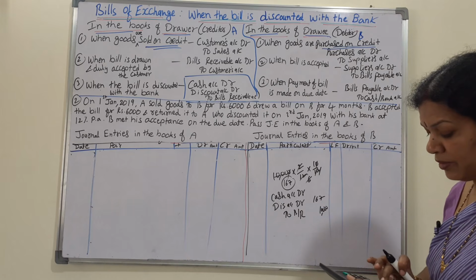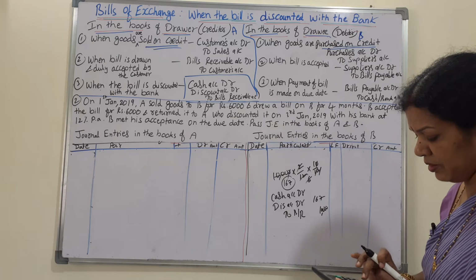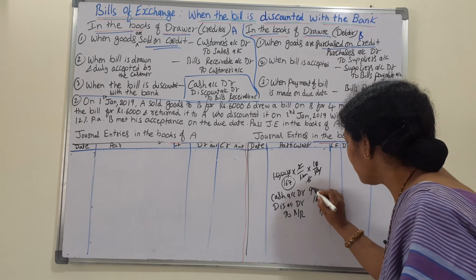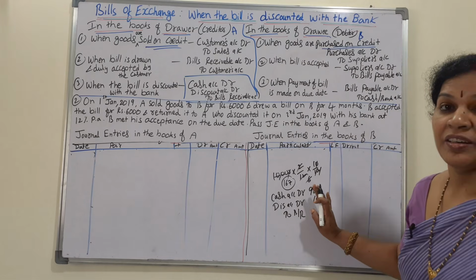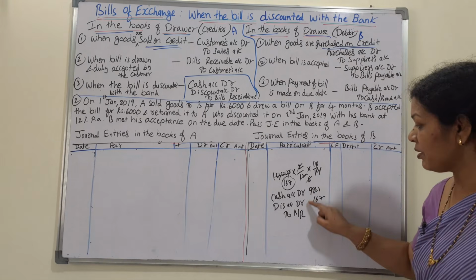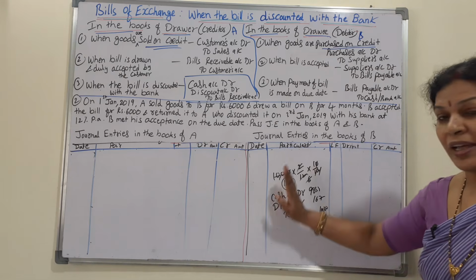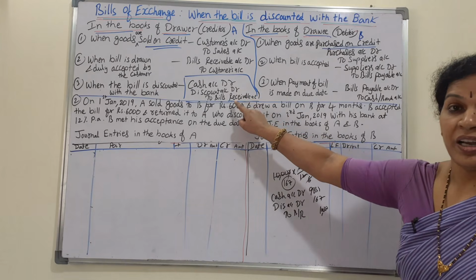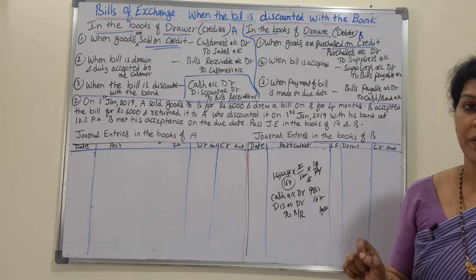If we remove that, 10,000 minus 167 is 9,833. 9,833 is the cash the drawer is going to get, because he is allowing a discount of 167 to the drawee. So this is how you will calculate the discount. So the entry is cash account debit, discount debit to bills receivable.